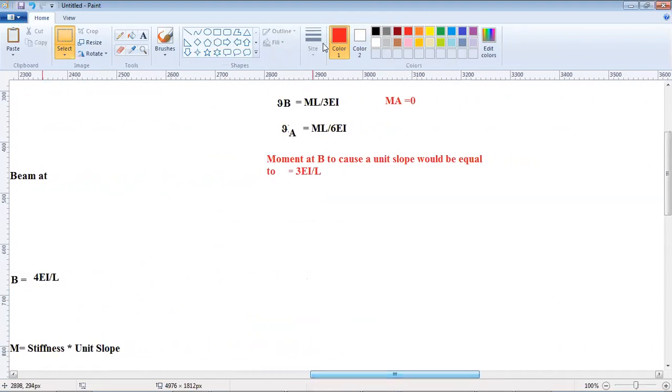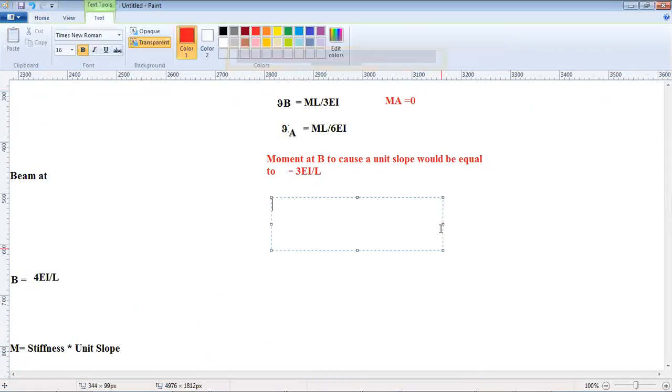Here the quantity 3EI by L is the stiffness of this beam.